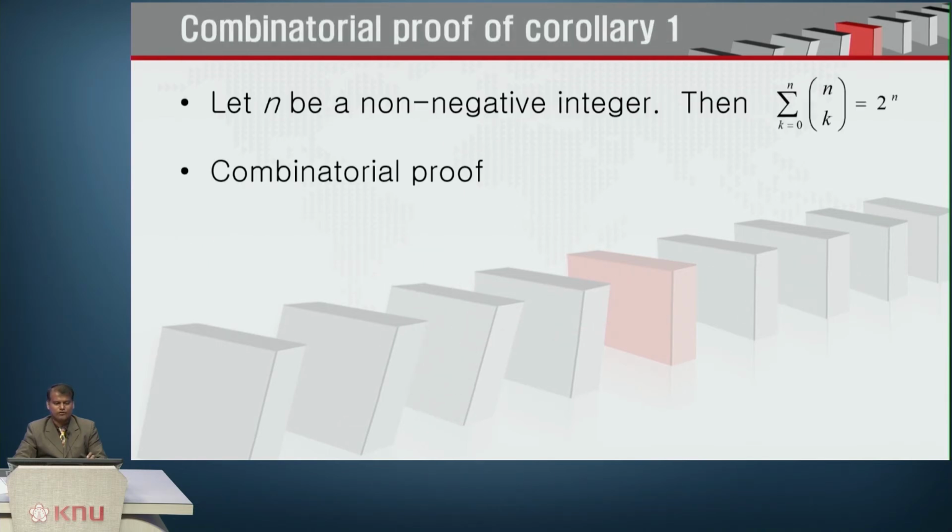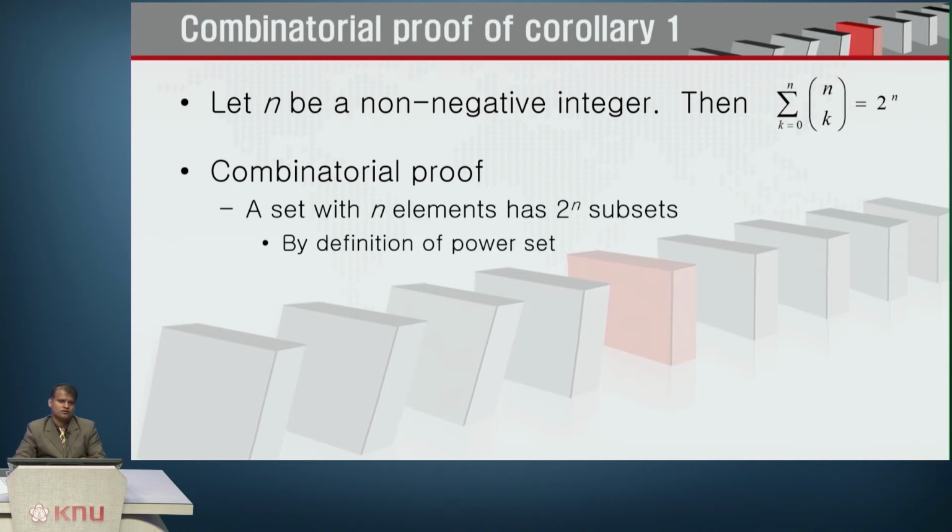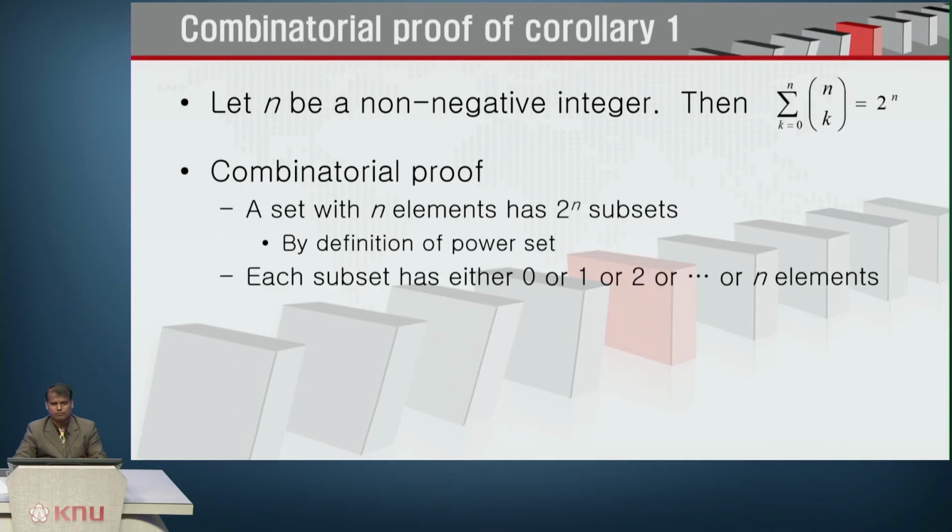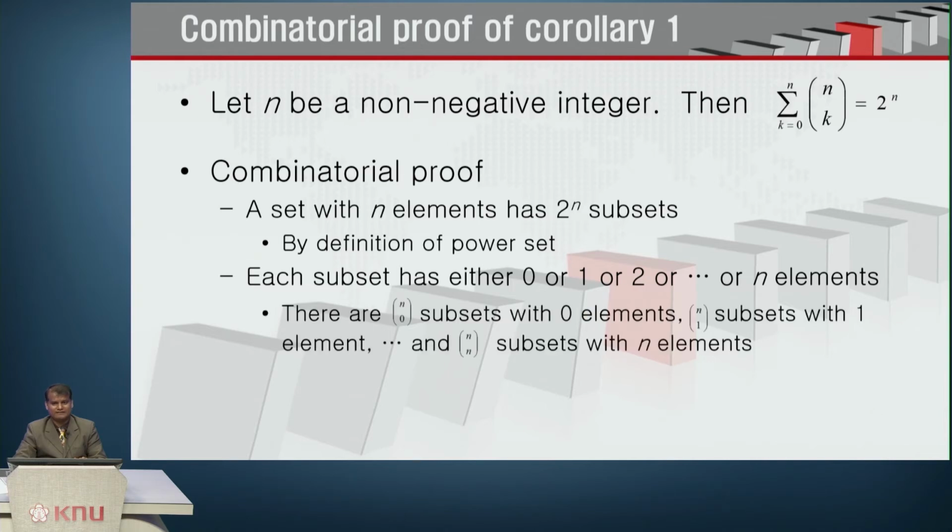Again, we have seen the algebraic proof, and now we can talk about the combinatorial proof. For a set of n elements, we have 2 power n subsets. So that's by means of the power set form, and each subset has either 0 or 1 or 2 or up to n elements.